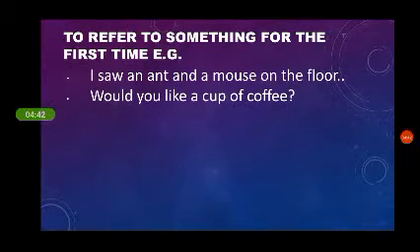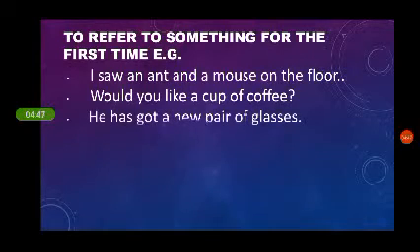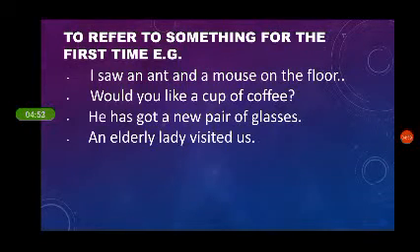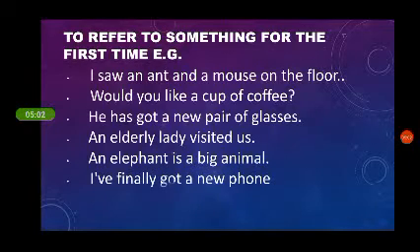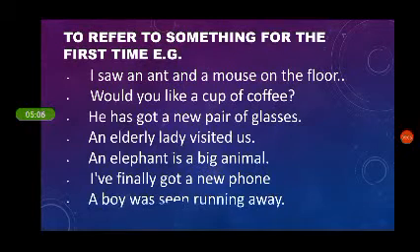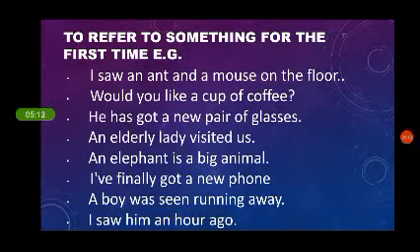Would you like a cup of tea or coffee? He has got a new pair of glasses. An elderly lady visited us. An elephant is a big animal. I finally got a new phone. A boy was seen running away. I saw him an hour ago.